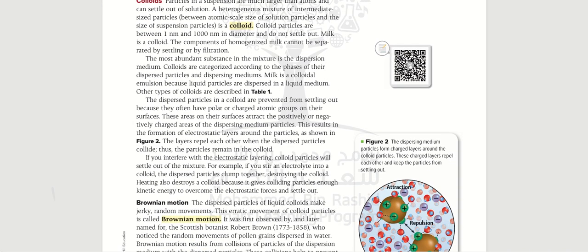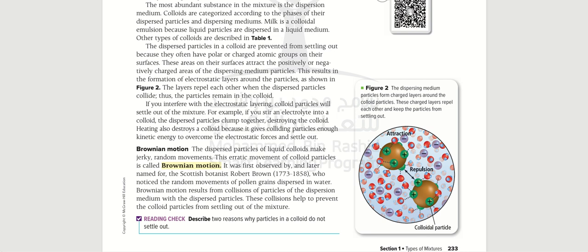Number one, electrostatic layer. What is the electrostatic layer? There is dispersion media and there is dispersed particles. This dispersion media contains ions, positive and negative. The dispersed particles also have positive and negative.